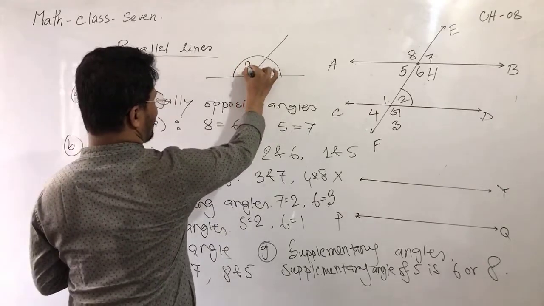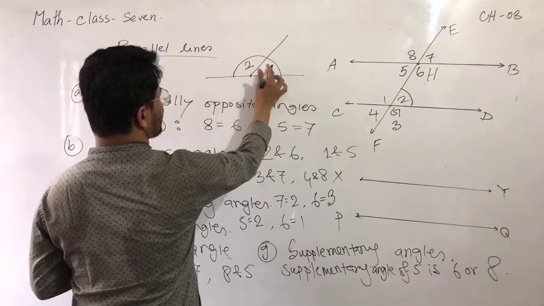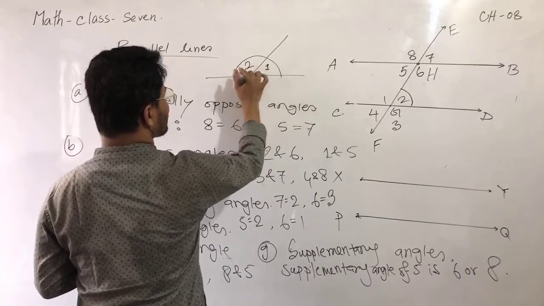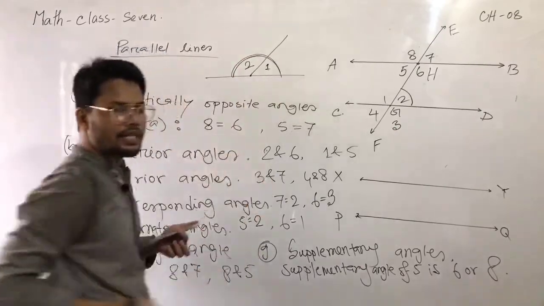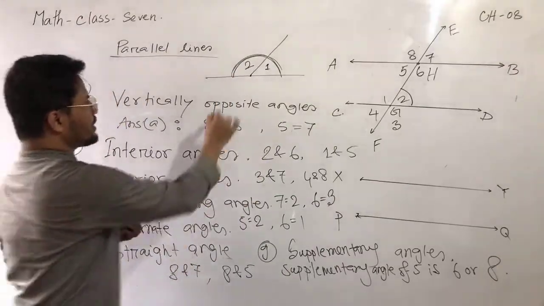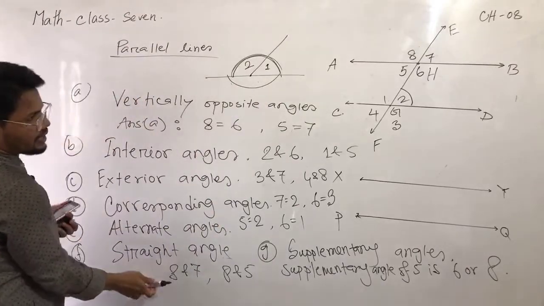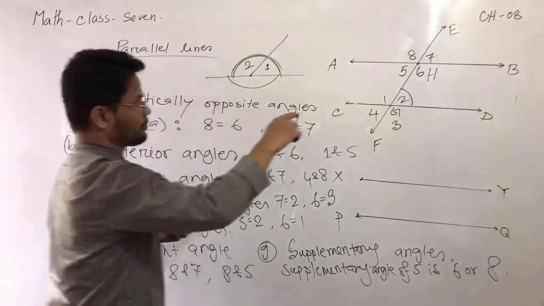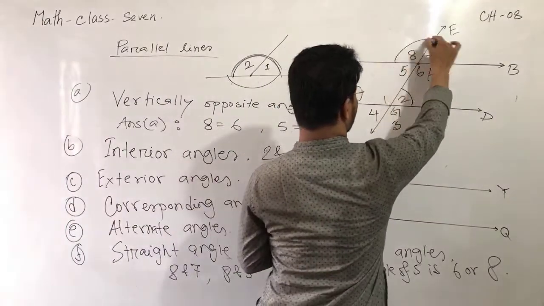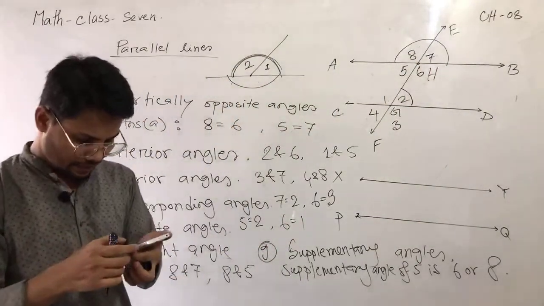If this is 1 and this is 2, then 1 plus 2, these two angles, the total sum will be 180 degrees. So together they make a straight angle. Like 8 and 7, together they make a straight line, and that's why they are straight angles.